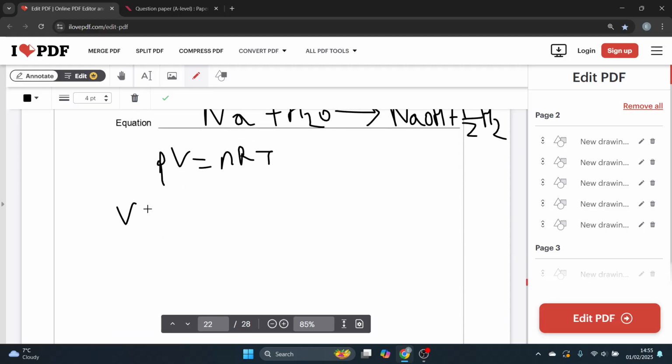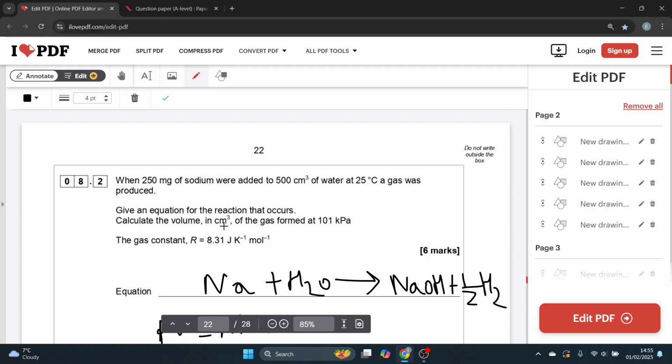I want the volume, so V equals nRT divided by P. And I need to find out the moles of the gas. So I need to find the moles of sodium. No, sorry. I need to work out the moles of hydrogen, the gas formed. That's not a gas, sodium hydroxide.